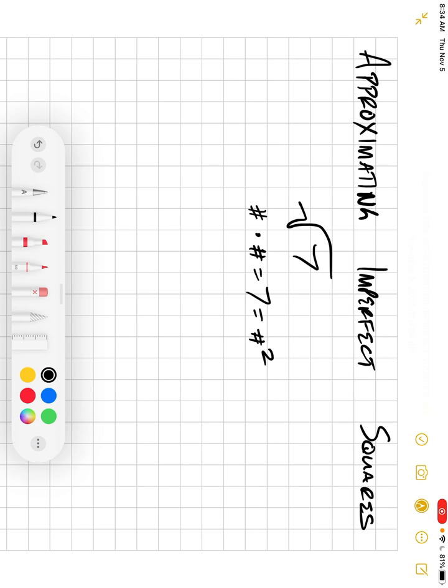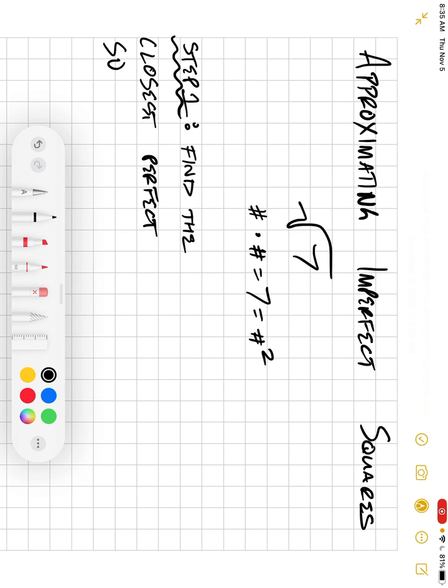And so the first thing I have to do, step 1, is find the closest perfect squares to your imperfect square.